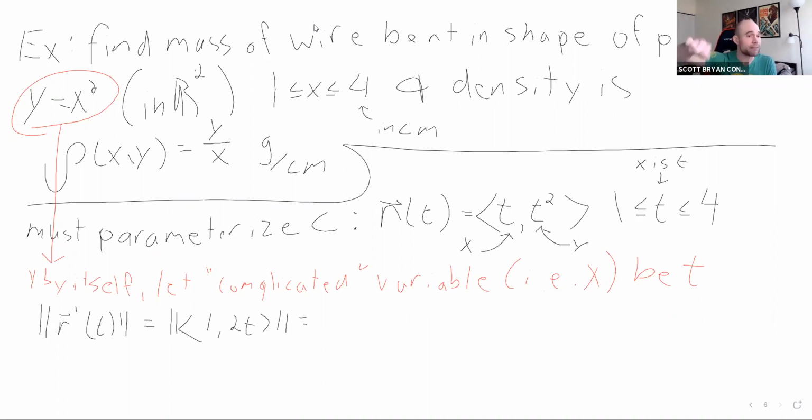And then when you plug in that variable's t, that tells you what the other variable has to be. So if we let x be t, then y is equal to t squared. And so we get x is t, y is t squared in this case. And that's our parameterization. Does that make sense?